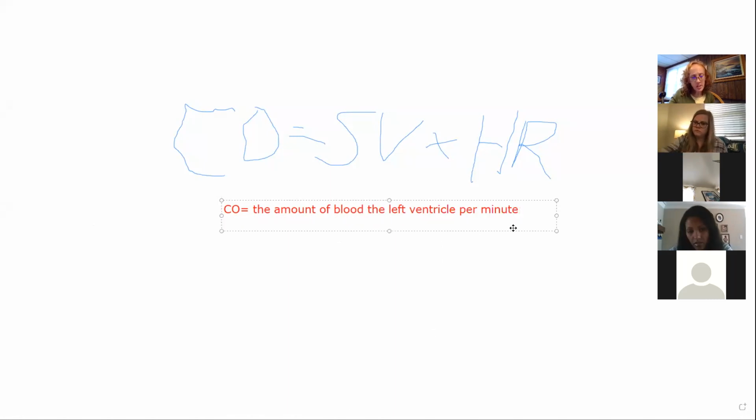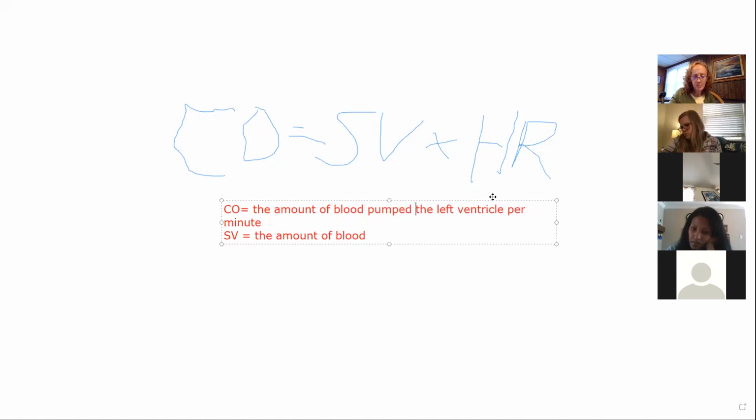The stroke volume, this SV, is the amount of blood pumped or ejected from the left ventricle per minute.